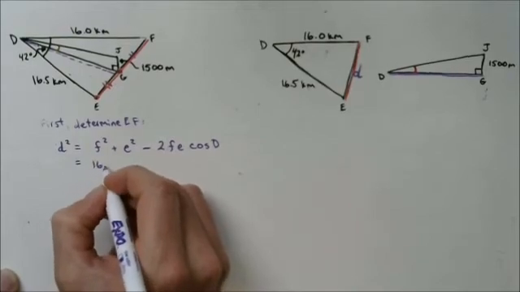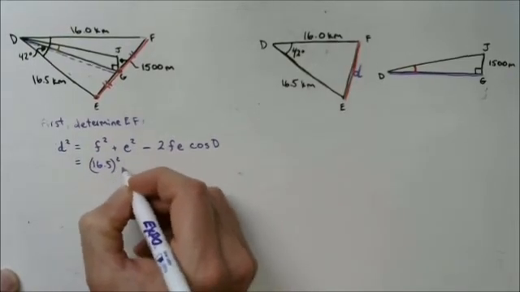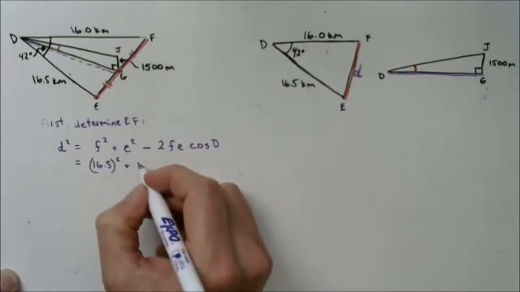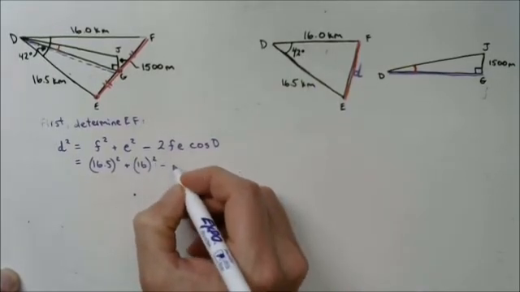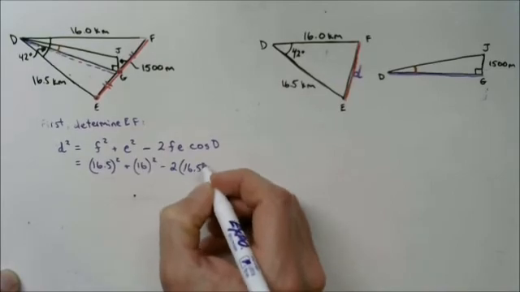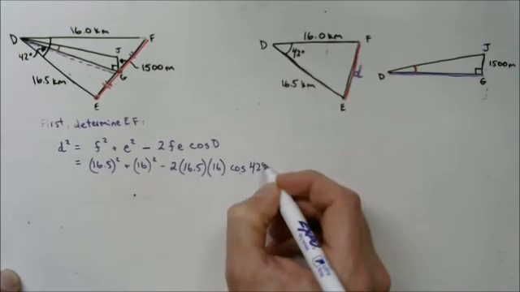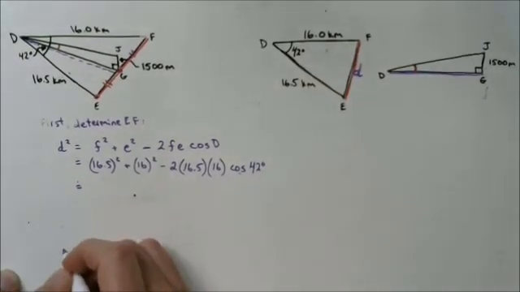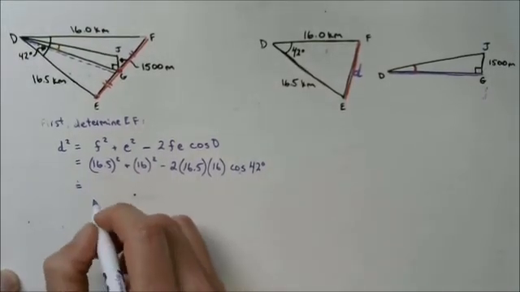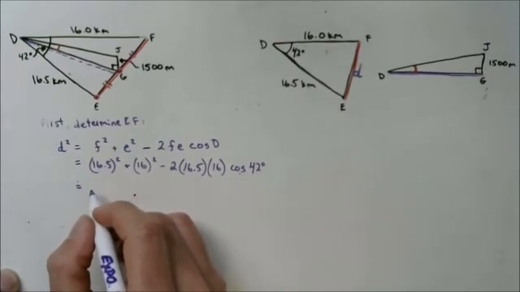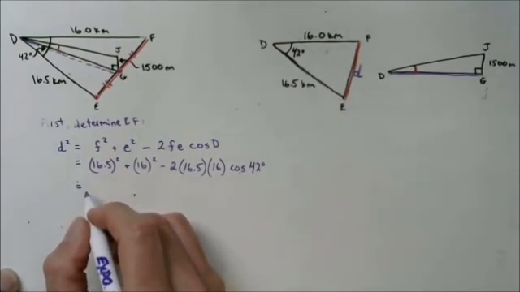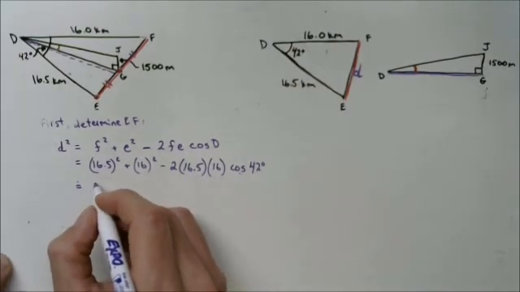So f is 16.5, square it. e is 16, square it. 2 times 16.5 times 16 times the cosine of D, which is 42 degrees. Type this into our calculator carefully. Try that on your own, and check the board to see how you've done.